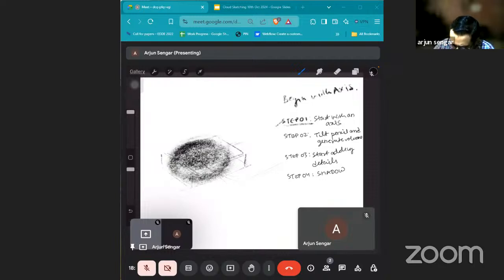Tentatively, a volume has started coming. Now, step number two, sorry, tilting. Step number three, start adding details.